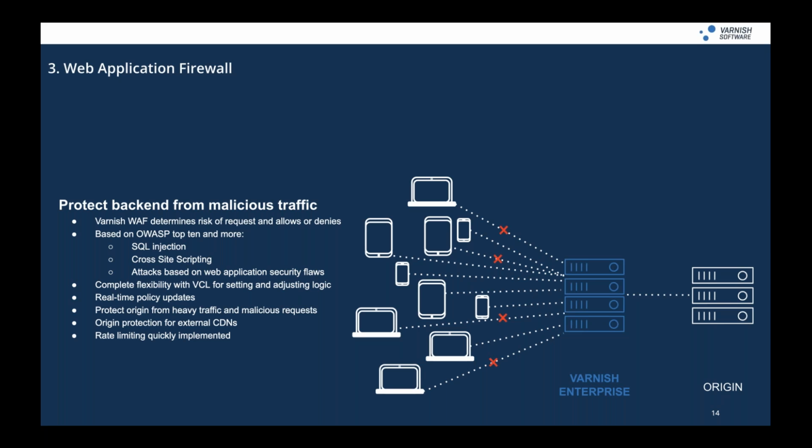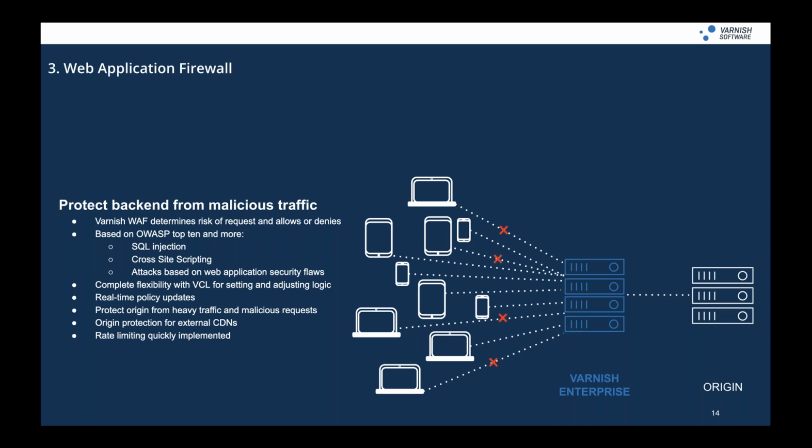And obviously VCL provides complete flexibility for adjusting the security logic, setting your own security rules, including rate limiting, which is useful for preventing DDoS attacks, and you can detect it and push out any rate limiting measures really quickly using VCL with just some simple lines of code.